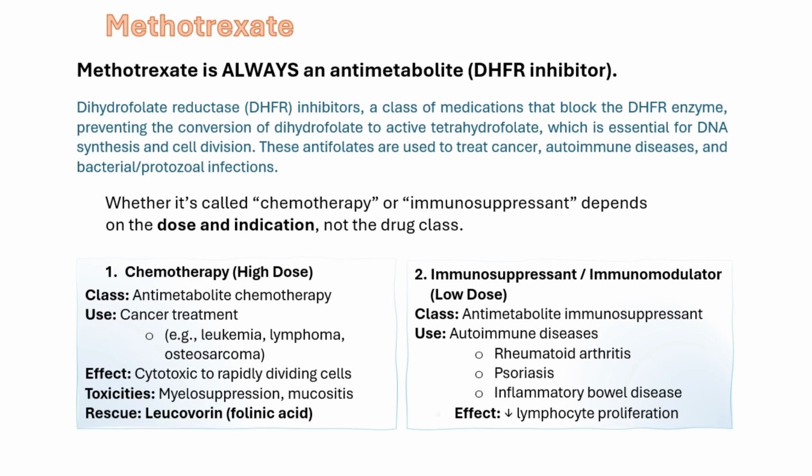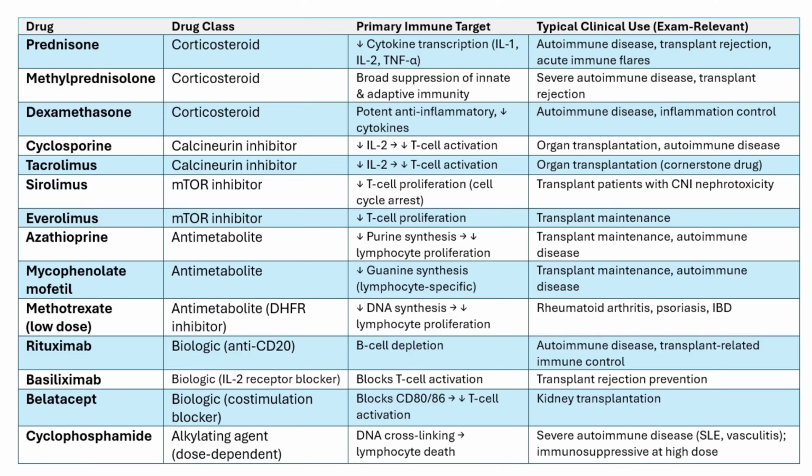Rescue: leucovorin, folinic acid. 2. Immunosuppressant/immunomodulator, low dose. Class: antimetabolite immunosuppressant. Use: autoimmune diseases, rheumatoid arthritis, psoriasis, inflammatory bowel disease. Effect: lymphocyte suppression.